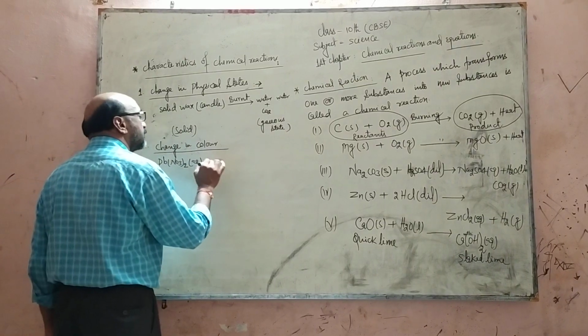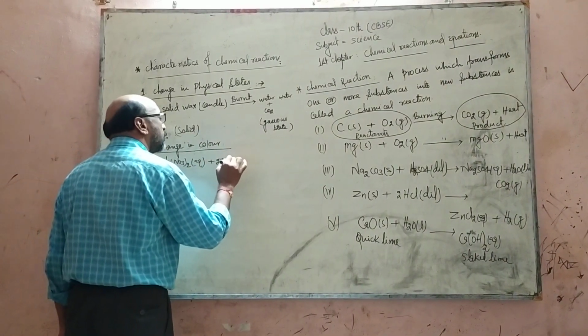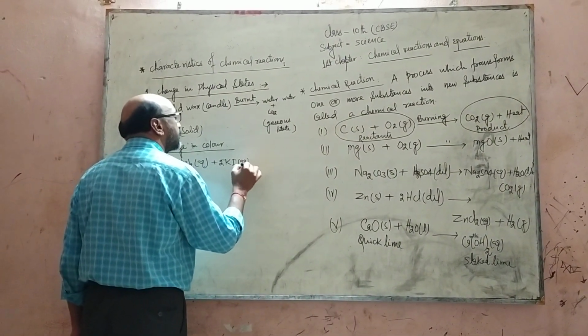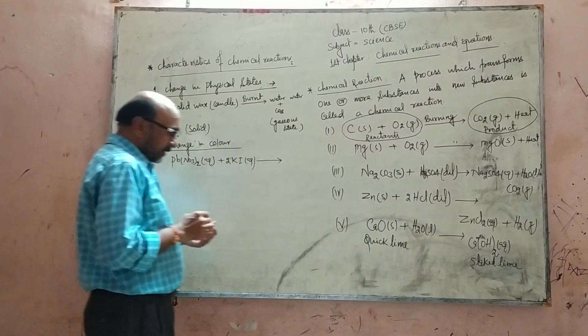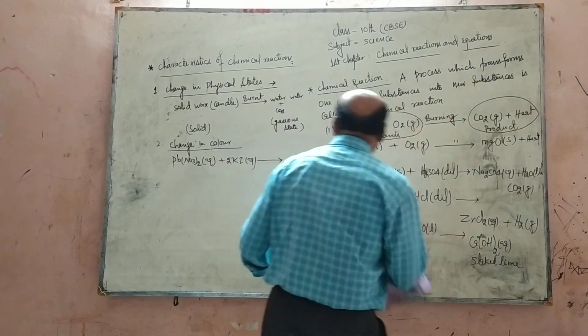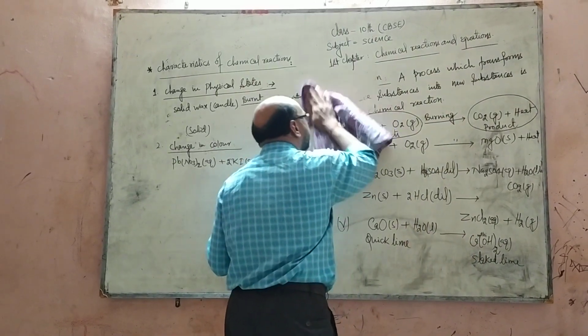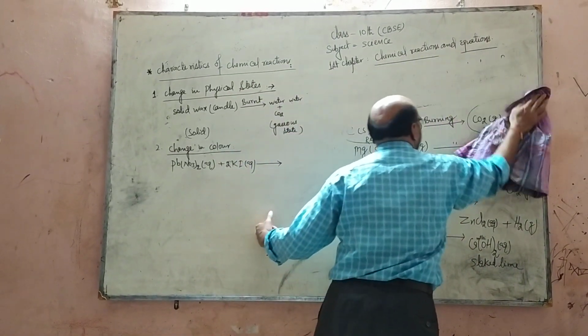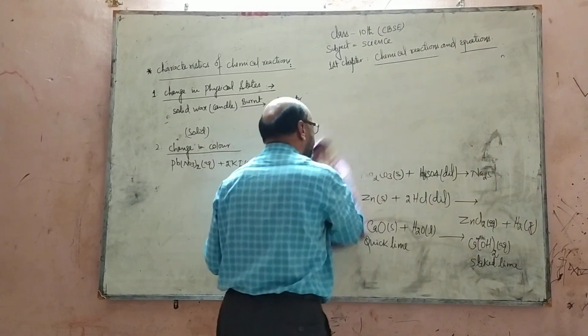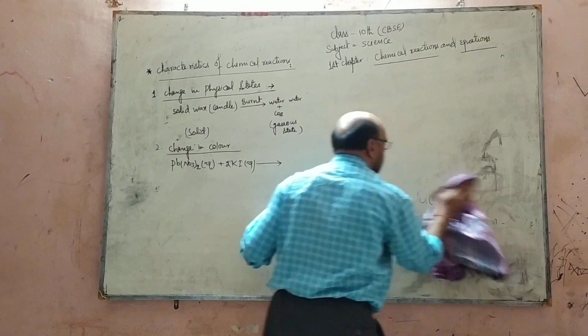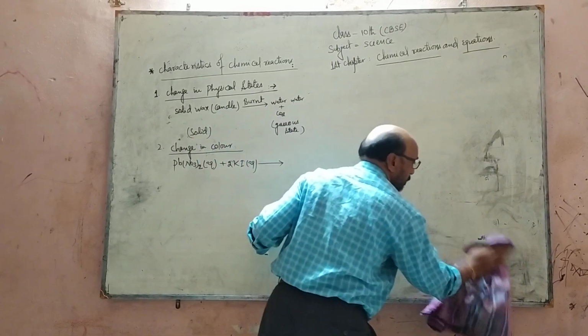Both are colorless. Potassium iodide aqueous. When these two chemical substances are mixed in a test tube, the change in color occurs.